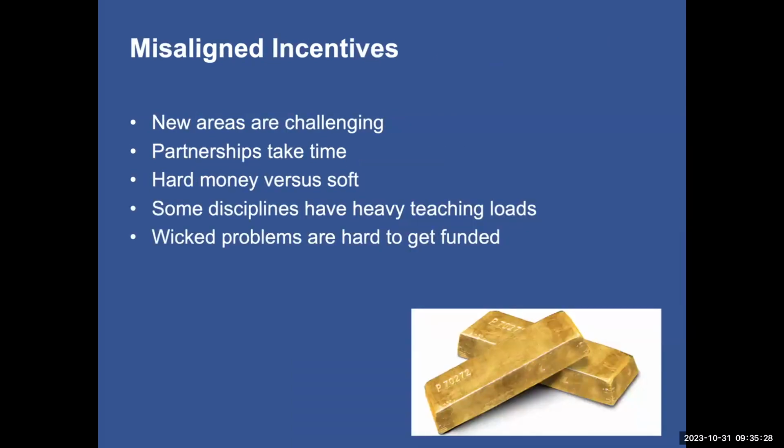I think the bigger thing for all of this too is that the incentives are misaligned. We're all trying to get tenure in all different ways, but we have very, very different systems. I would like to think we're rewarding the best science regardless.